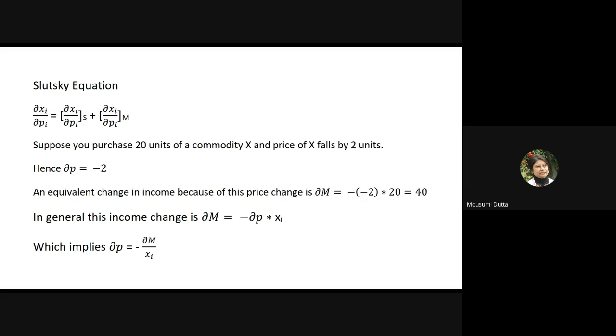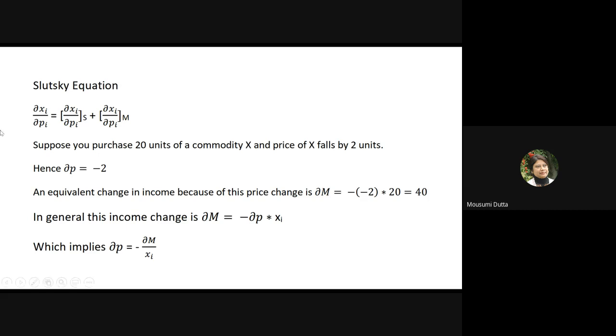So I'm considering minus of minus 2 into 20. So here the income will increase. However, if it is plus 2, in that case income will fall. In that case, minus of 2 into 20, so income will fall by 40 rupees. Here income is rising by 40 rupees. Now the question is why I am considering minus of del P into X.